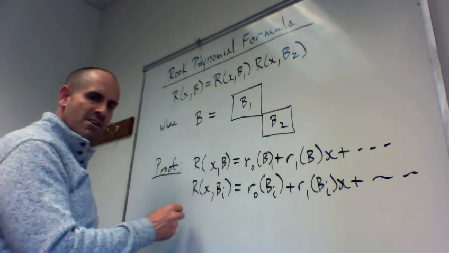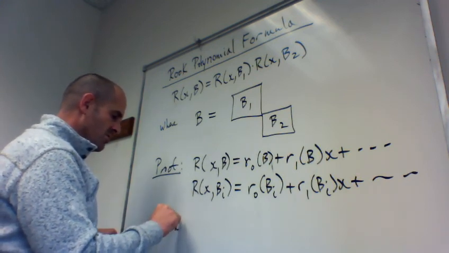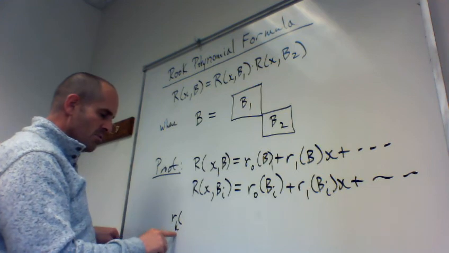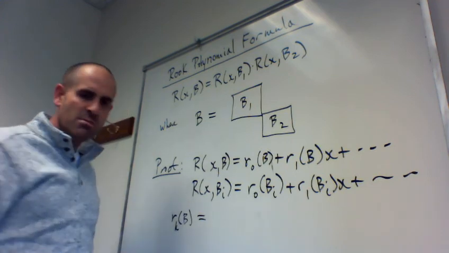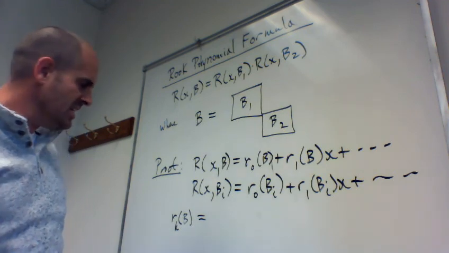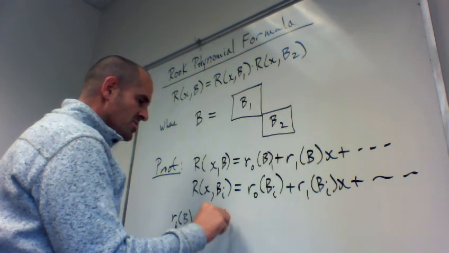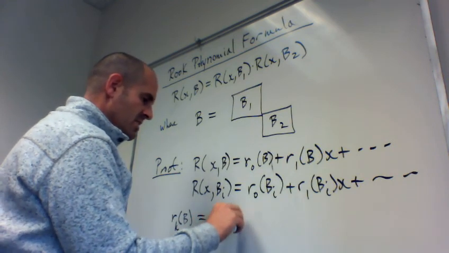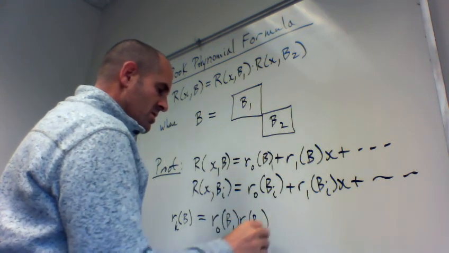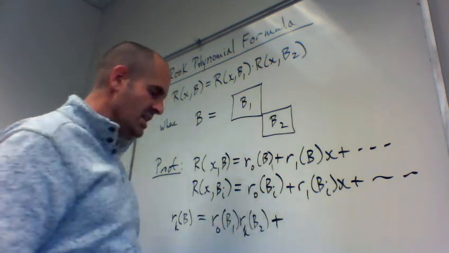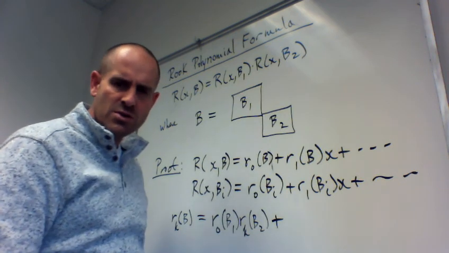And also, we discovered in our notes that the Rook number for placing k rooks on the board B can be computed by, okay, this is sort of the key, placing no rooks on board 1 and k rooks on board 2, plus, okay, so that's one case where I place 0 on board 1 and k on board 2.